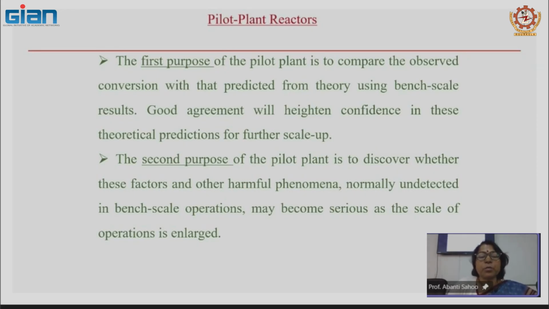Otherwise, it will be difficult, because the second purpose of a pilot plant is that it is designed to discover the factors or harmful effects, or sometimes harmful phenomena, which will go unnoticed during the bench scale operations, but these harmful phenomena may be scaled up when we are designing the pilot plant units.